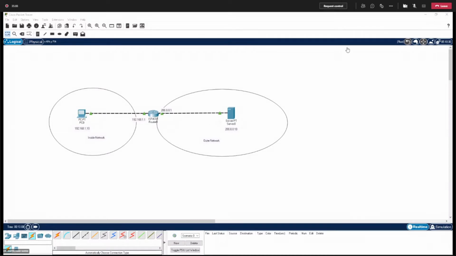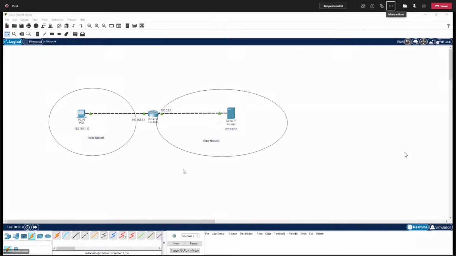You can see from the topology which we have created, the inside network is using IP address 192.168.1.10, and the outer network or the outside network is using IP address 200.0.0.1 and 200.0.0.10.